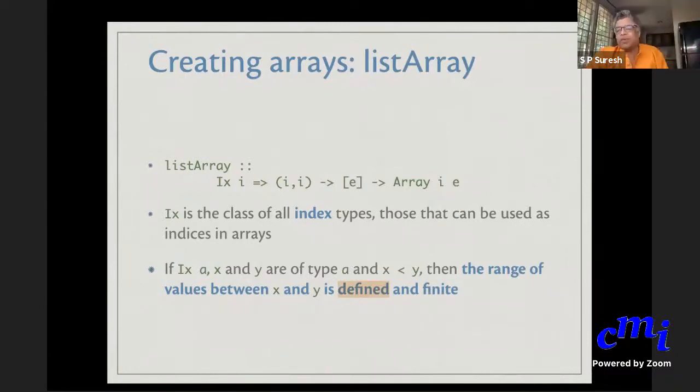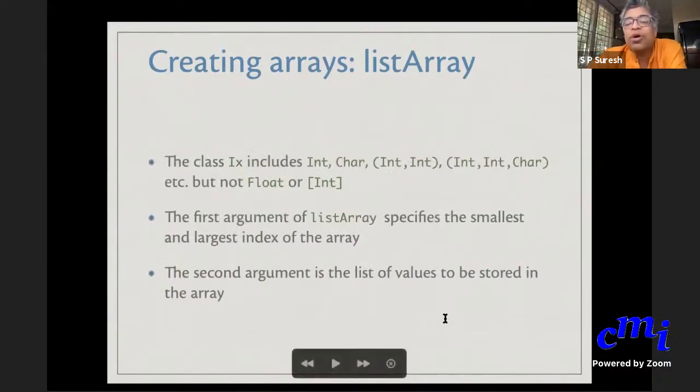This is the main constraint: for any X and Y with X less than Y, the range of values between them should be finite. Therefore it includes all these types, int, char, but also the pairs int comma int, because there is a notion of order defined on pairs of numbers. Also int comma char, also int comma bool.